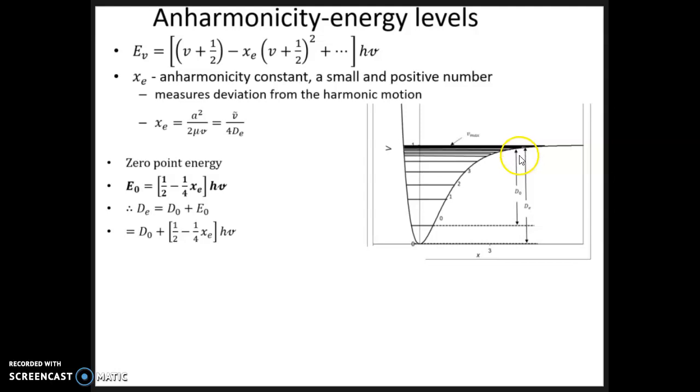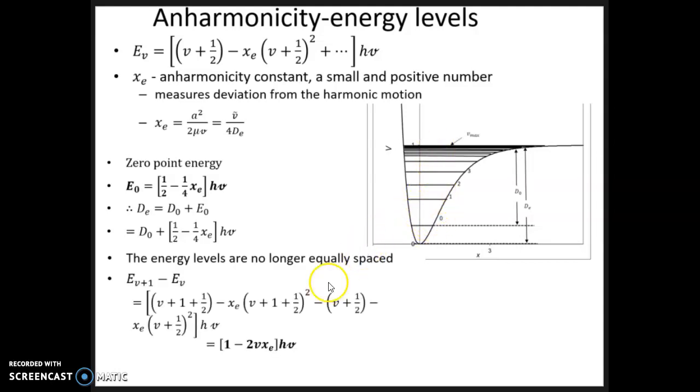D naught is the distance from the last vibrational energy level to E naught. So the energy levels are also not equally spaced, unlike in the harmonic vibration where everything is hν. If we put v plus 1 into that equation, minus v, we arrive at 1 minus 2(v)xe times hν, where v is our vibrational quantum number.